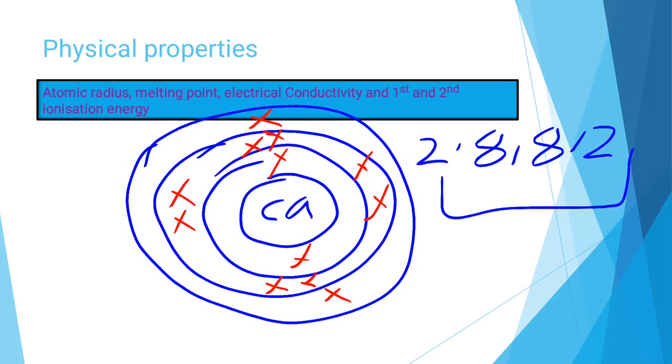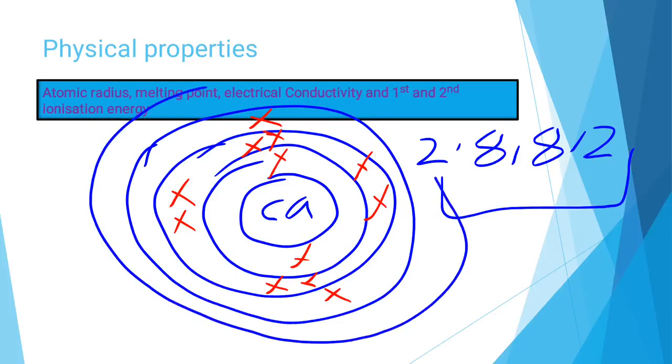So on the energy levels of magnesium, we will just add an additional energy level to now accommodate the extra 2 electrons for calcium, which will be there and maybe there.